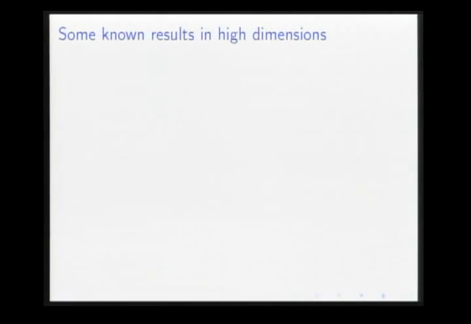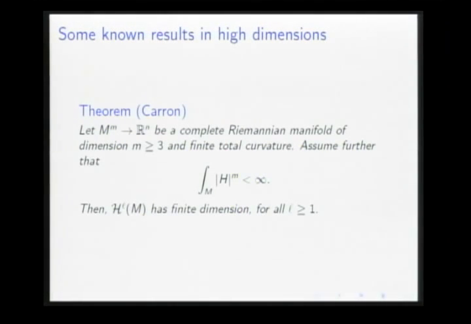And so some known results in high dimensions. The first one I give is the theorem of Cavalcante-Cheng, which considers complete submanifolds of Euclidean space with dimension greater than or equal to 3, of finite total curvature in our sense, but also supposing finite mean curvature in this sense.